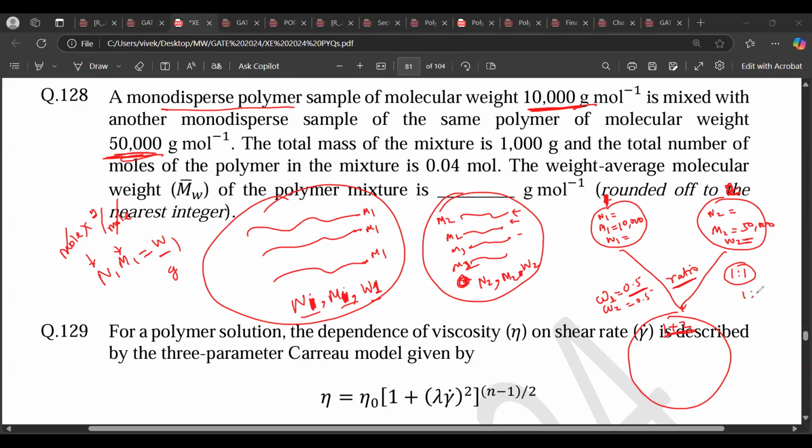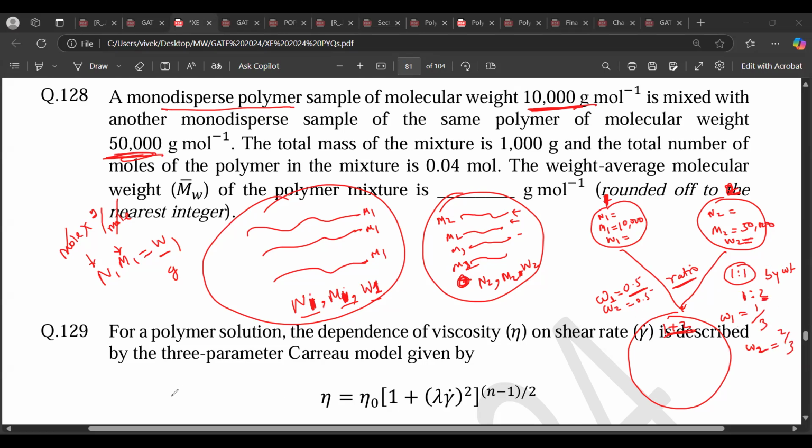If it is mixed in a 1:2 ratio by weight, then what is the ratio? First divided by the sum of both. That is first w1, the first weight fraction, and w2 will be, because I am calculating for the second, divided by total. So 2 divided by 3, that is my w2. Why do I need w1, w2?